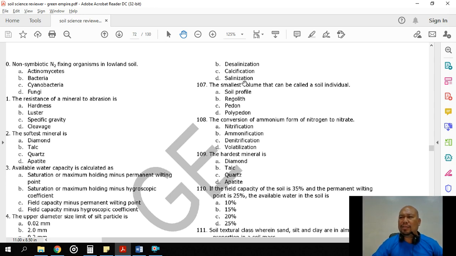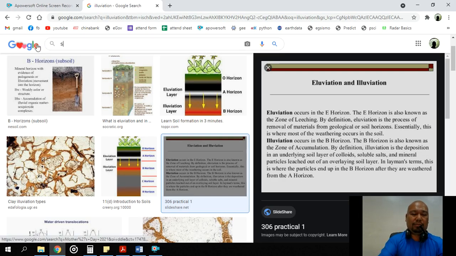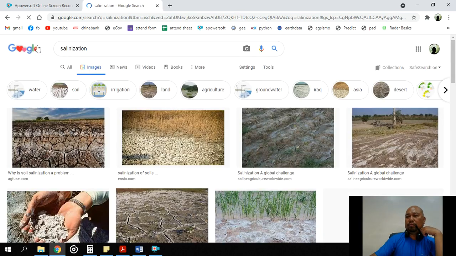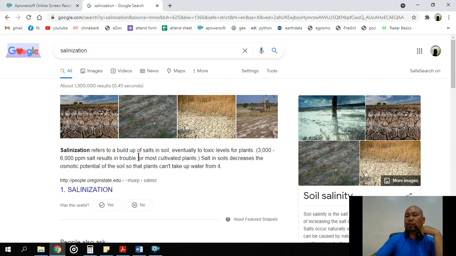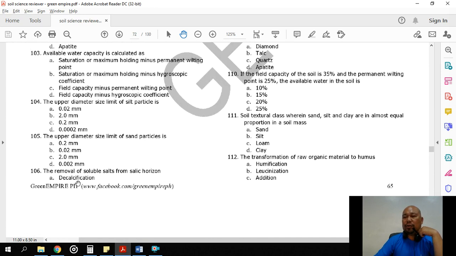Likely it's letter D, salinization. Let's try to look that up. Salinization refers to a buildup of salts in the soil. No. So it's not salinization, because the question is removal of soluble salts from the calcic horizon.